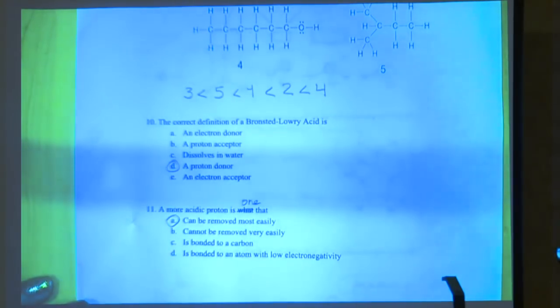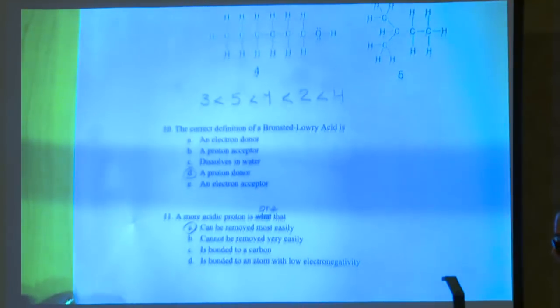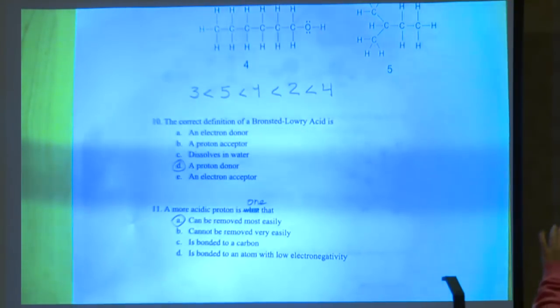Okay, does that make sense? Good. And why would it be easy to remove? Okay, because it has an electronegative atom which does what?